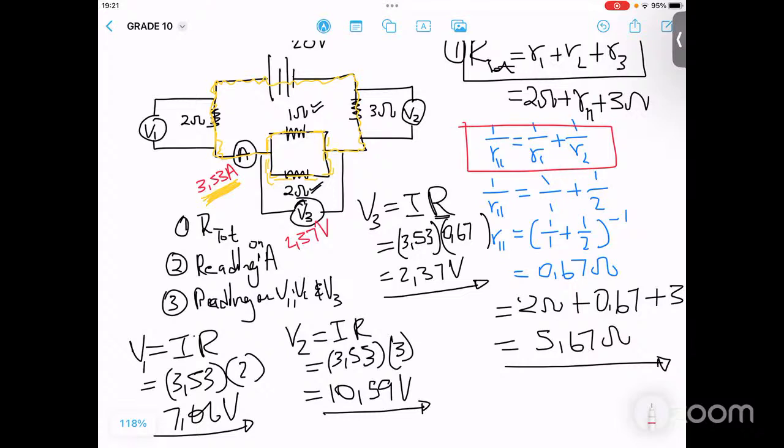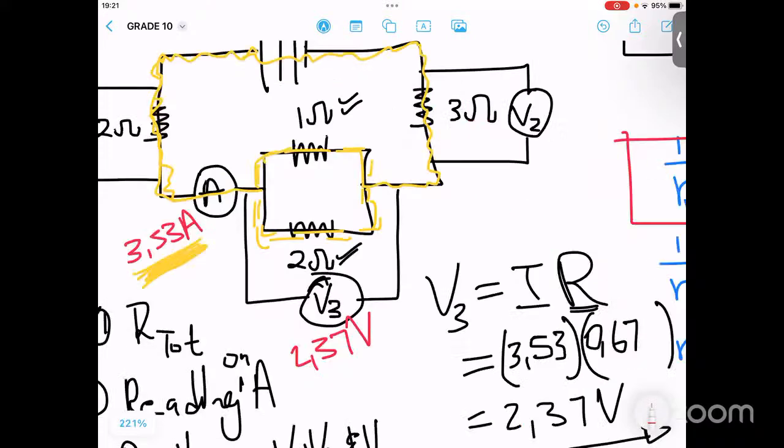So if you now want to know exactly how much of the current is flowing through that side and exactly how much is flowing through that side, you will still use that same formula. You will say V = IR. Then in this case, what is the V? It is that one, which is 2.37.